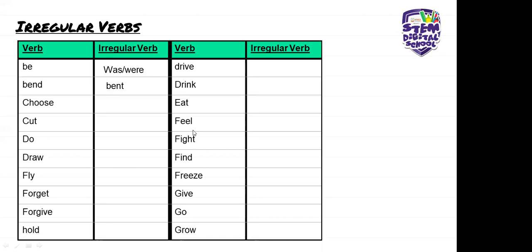Okay, choose is chose. Cut is what? Cut is cut. Yes, that's correct. Cut stays cut. Okay, thank you.